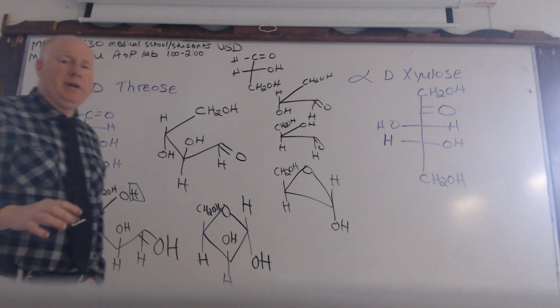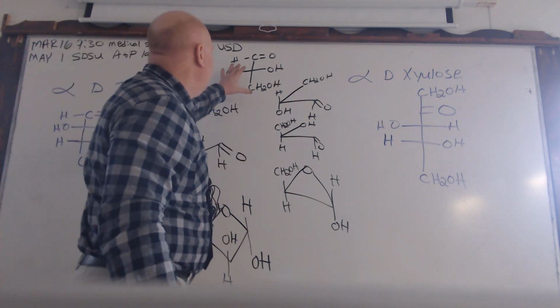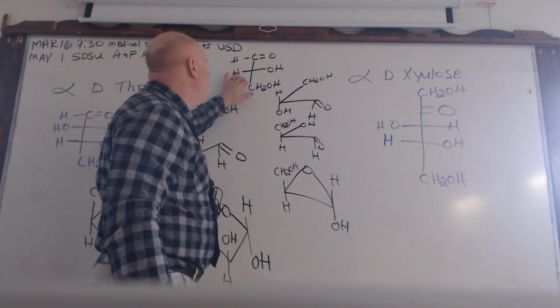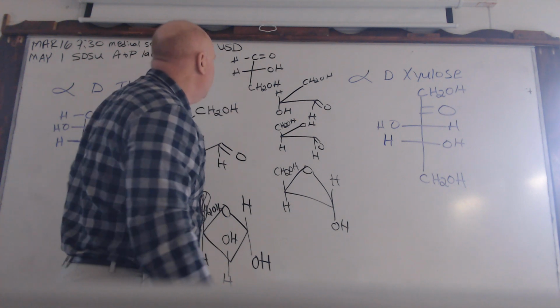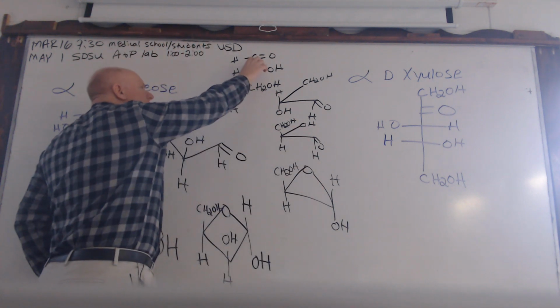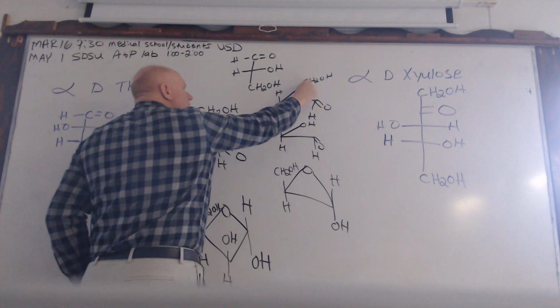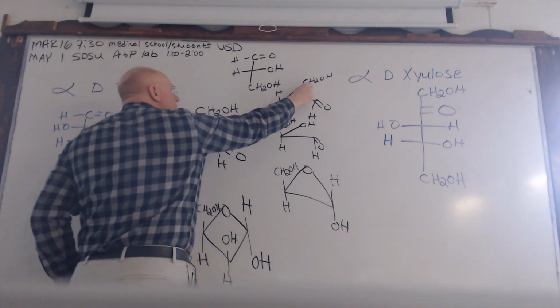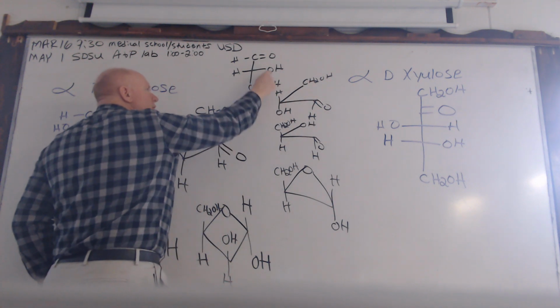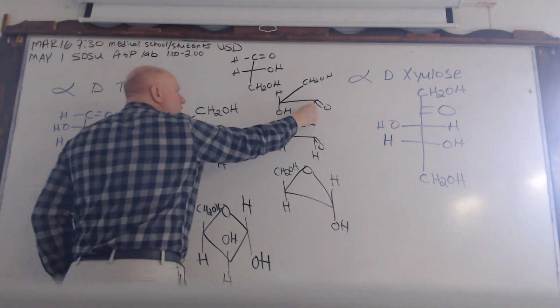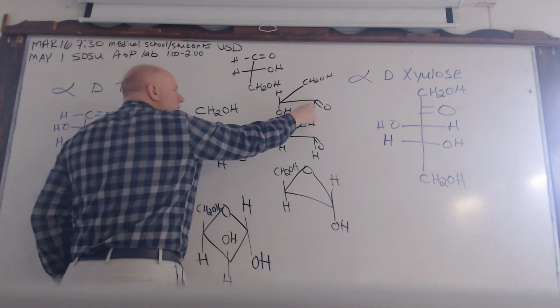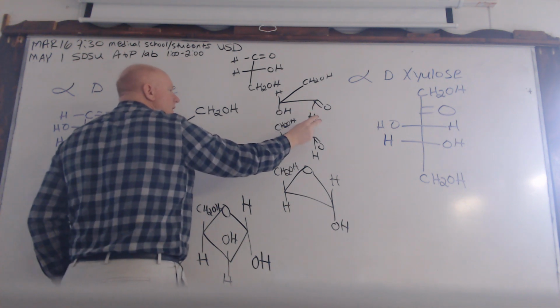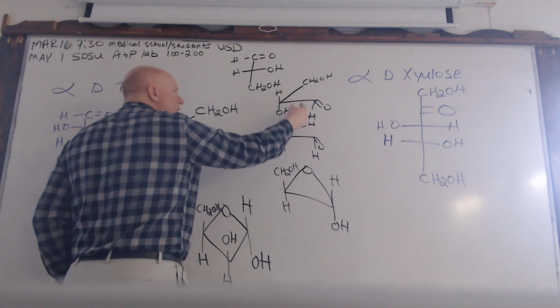Same thing would happen if you were doing a triose. This is glyceraldehyde in the same process. You've got CH2OH way out on the end on carbon 3. Carbon 2 is on the right, so it's down, and here's carbon 1. Then in step 3, we see the old flip and switch.